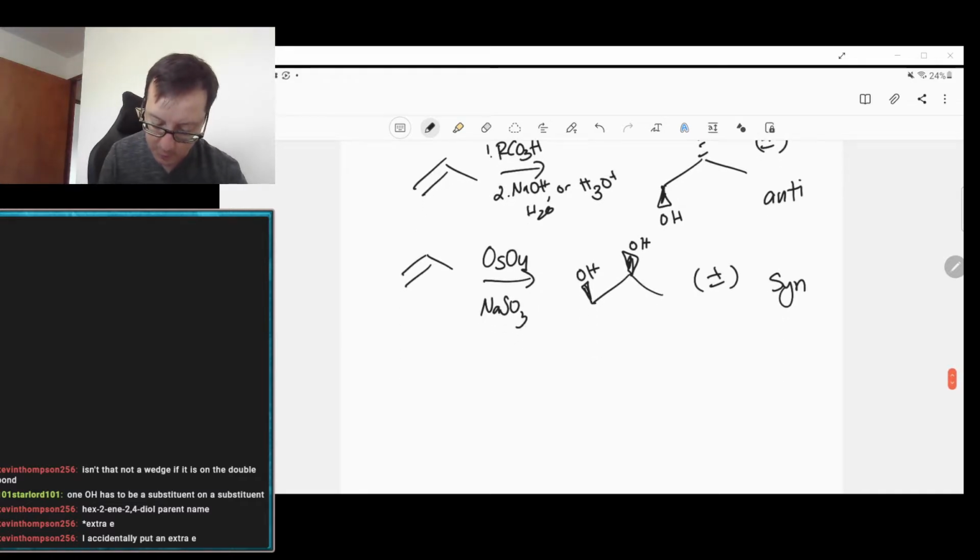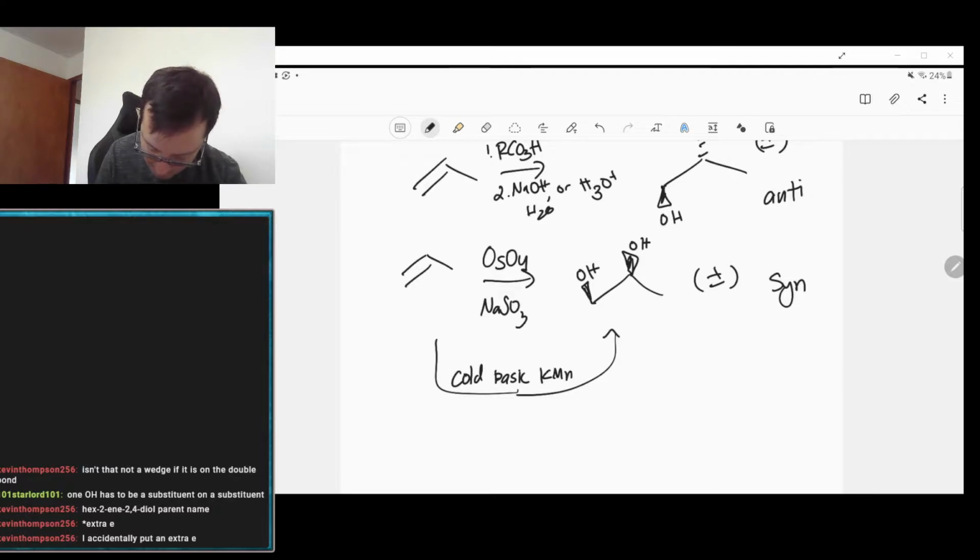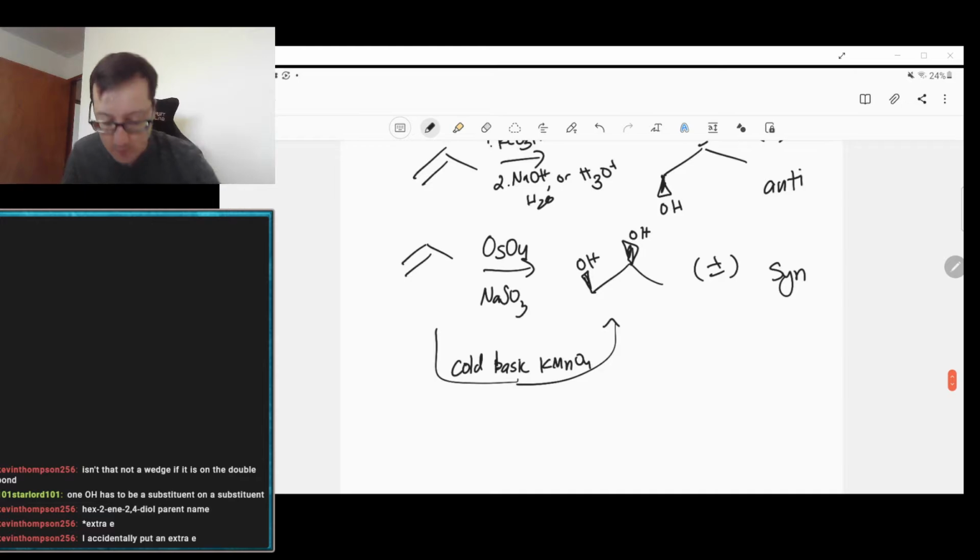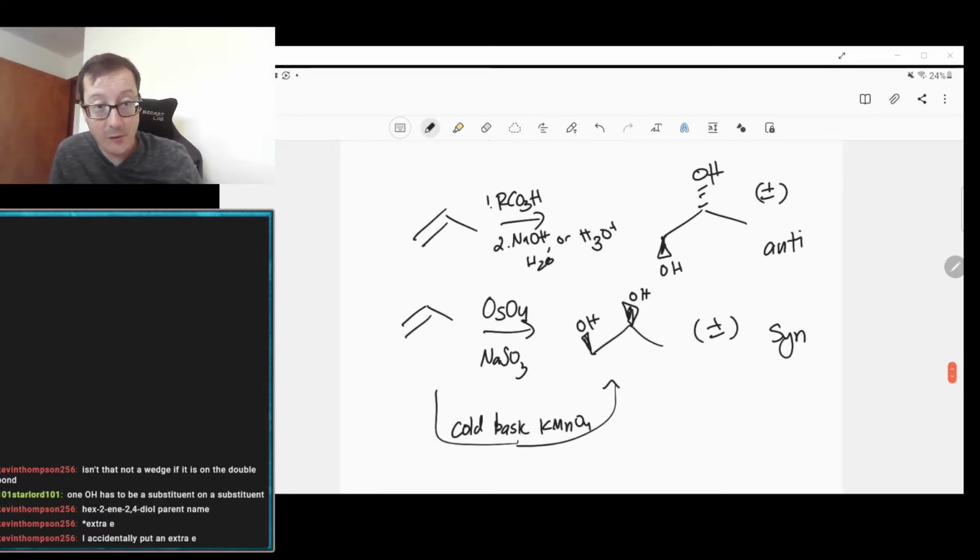We can also do a cold basic KMnO4 that would also get us to the same product. So we can make diols as well from alkenes.